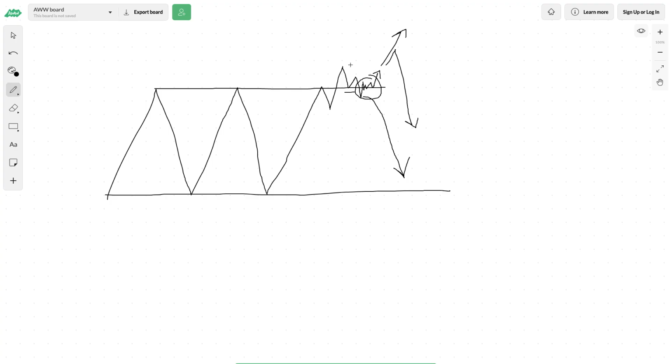So it stop hunts us before it continues to go further down, or prices may continue to go to the upside.